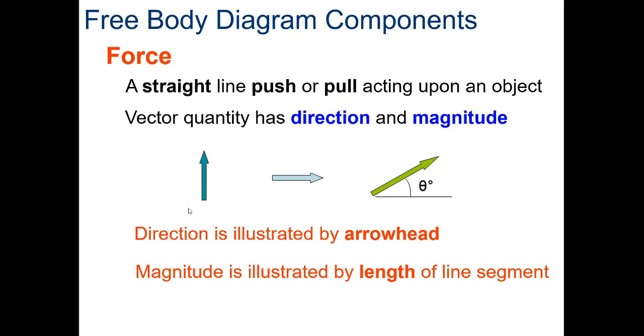We illustrate the direction with an arrowhead, and the magnitude is illustrated by the length of the arrow. So for example, if I had an arrow that was this way, and I said that was 5 pounds of force, and then I had an arrow that was twice as long, I would label that 10 pounds of force. So the length of the arrow indicates the magnitude of force.